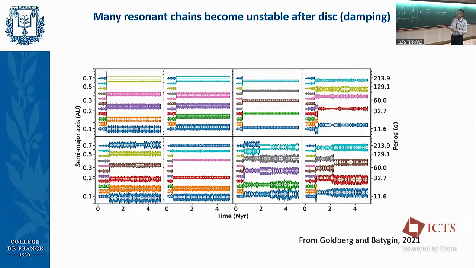migration and damping phase. Then the disk is removed, and after a while, a few million years, the chain becomes unstable, and some planets merge and they become more eccentric. And a smaller number of planets survives, and they are not in a resonance chain anymore.